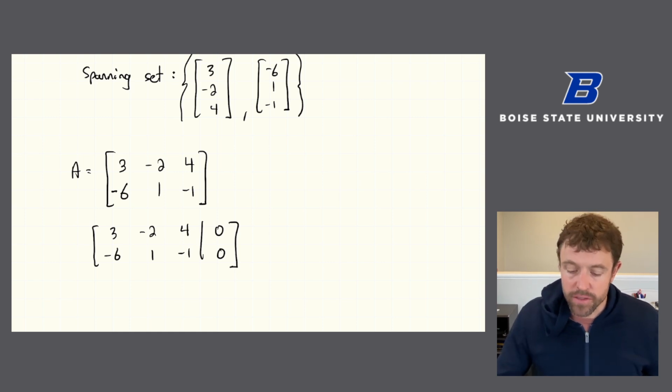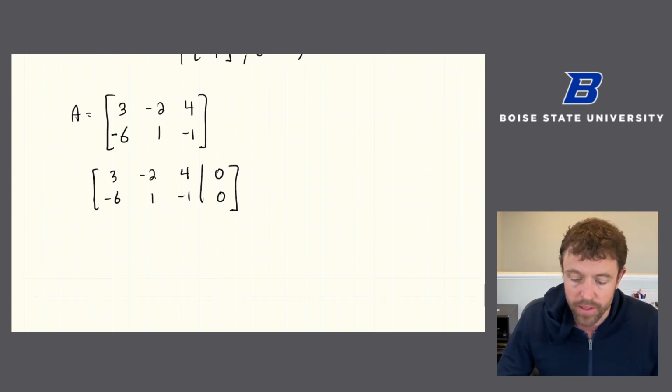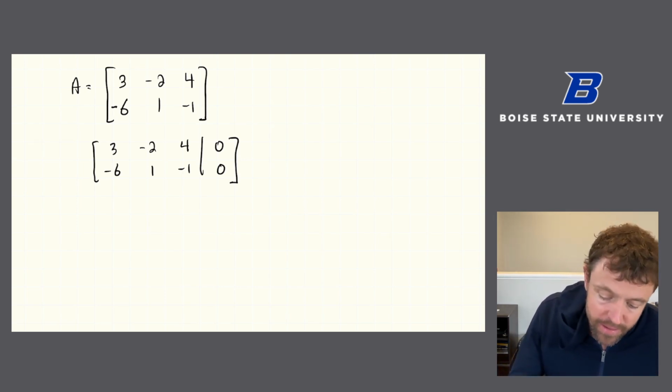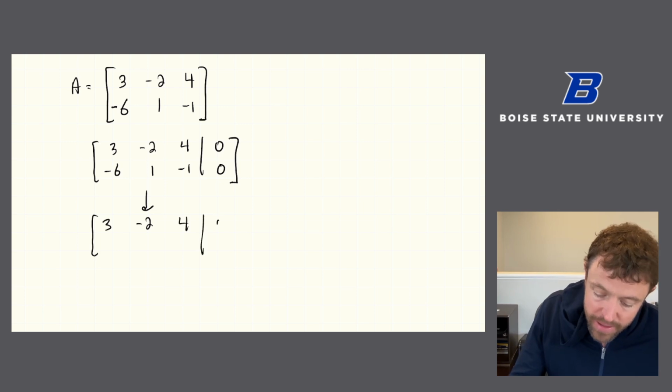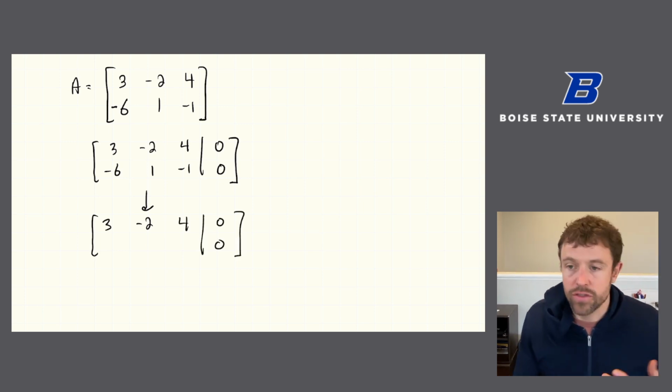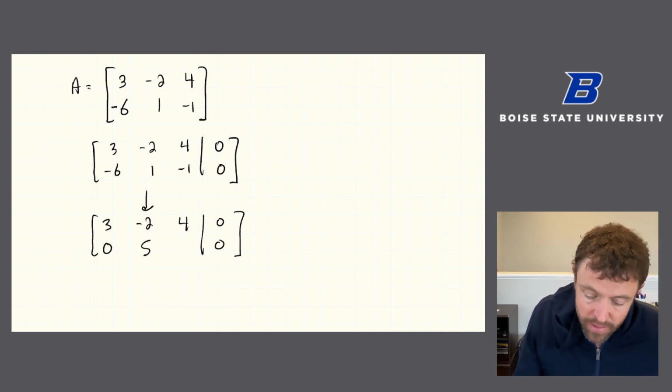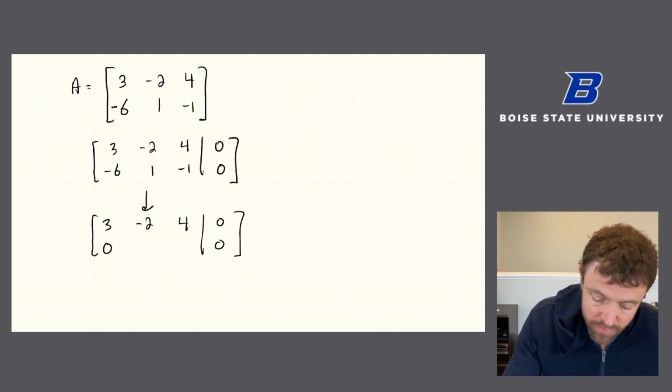So what am I going to get for a solution? You can try to do this on your own and then follow what I do. This is a simple one, so I didn't work it out ahead of time. So let's just see what we get. I can right away get rid of that -6 by adding row 1 to row 2. And so that'll give me a 0 here. Not a 5. A -3.